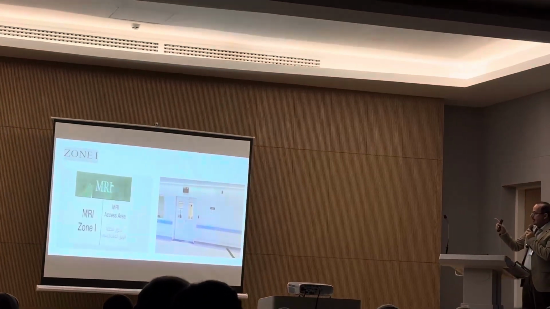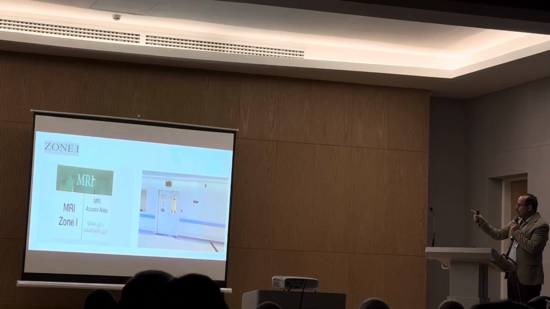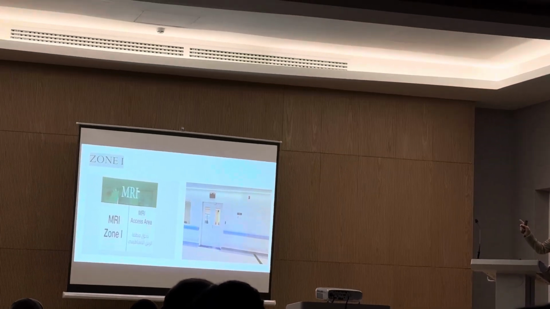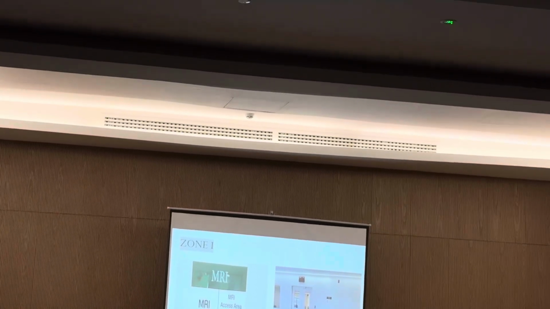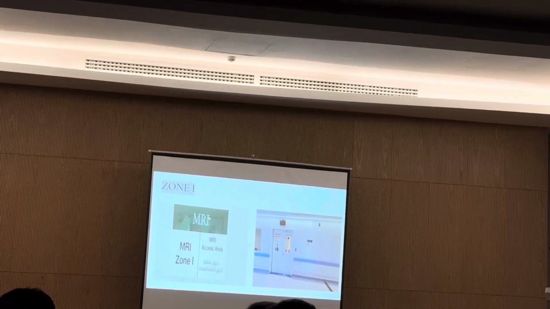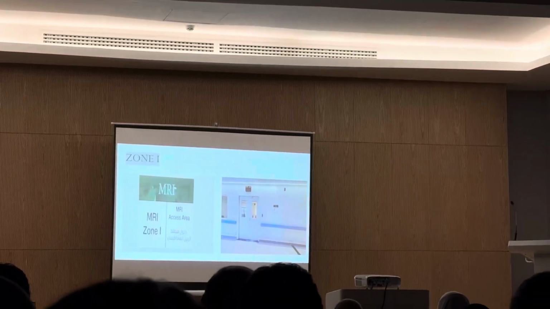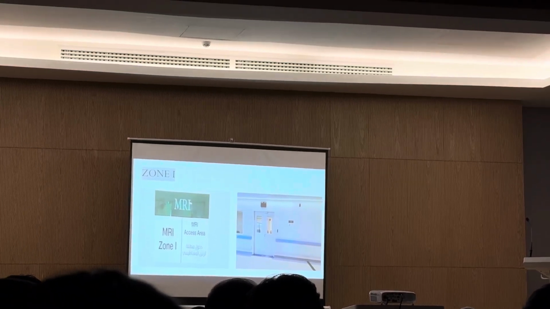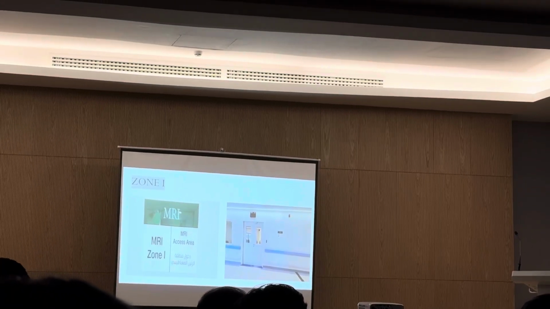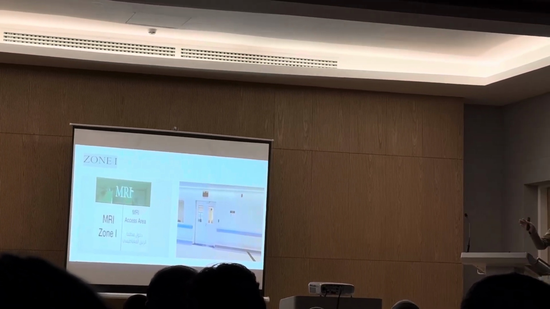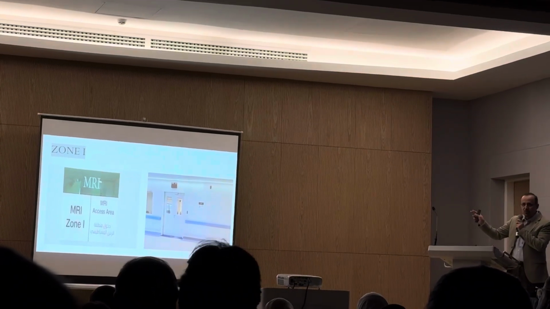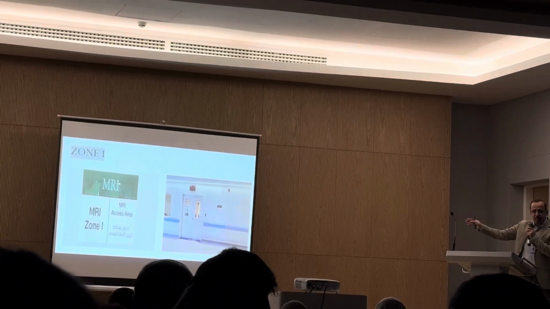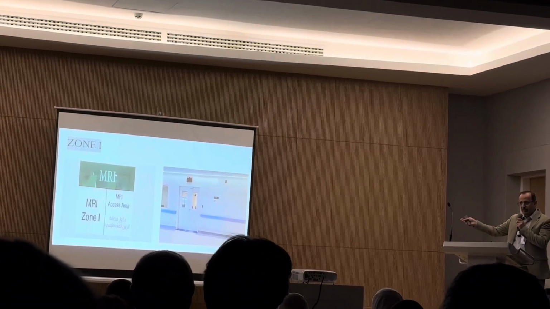Zone 1 is marked as the green zone. It is outside the MRI environment. It is the public safe zone where patients, staff, anybody can walk freely without supervision or guidance. This is a free zone that is permitted, but it alarms you that you are approaching an area of danger, which is the MRI unit.